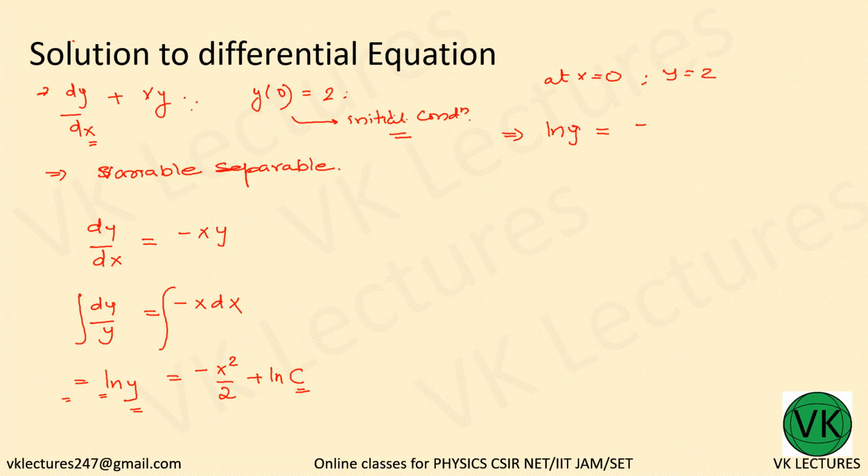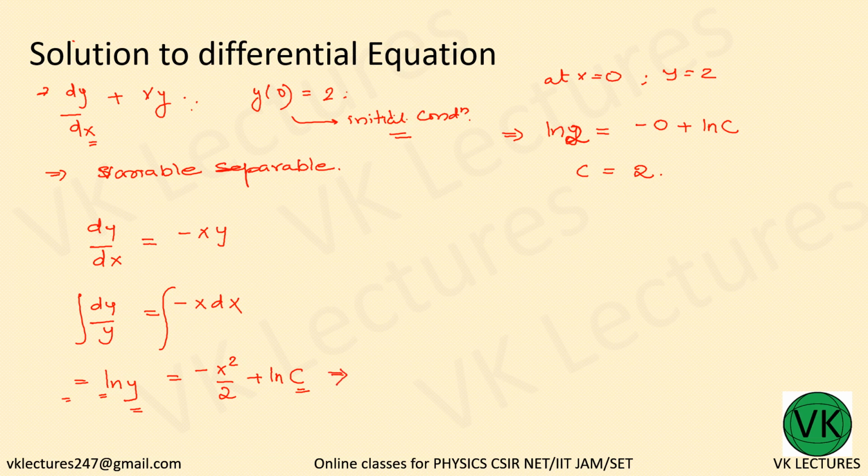So log 2 is equal to, putting x equal to 0 here, 0 minus 0 plus log c, which means c is equal to 2. Log 2 equal to log c means c equal to 2.